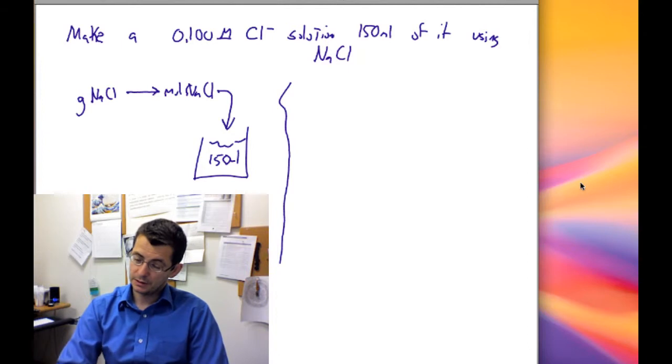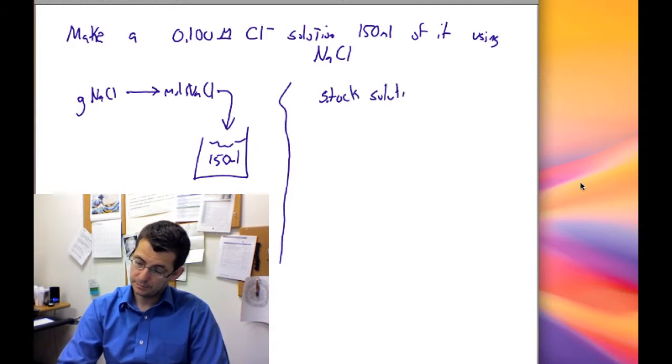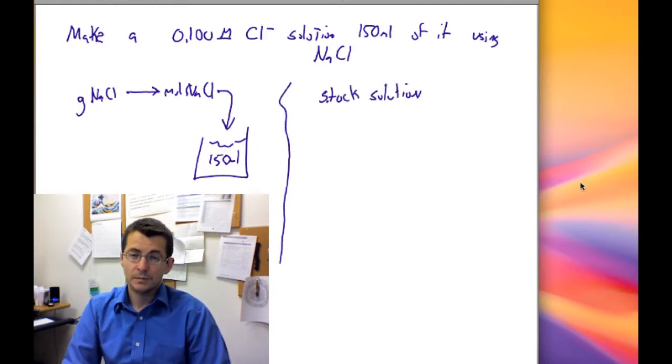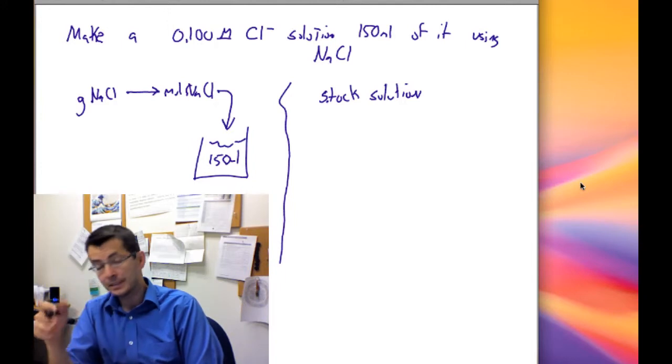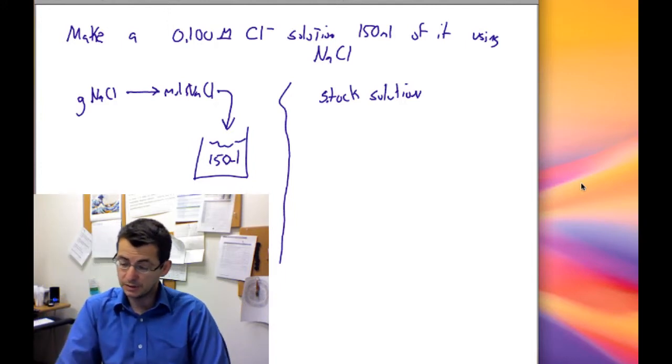The other option is to take a known volume of what we call a stock solution. Typically acids and other reagents that you purchase in bulk that are aqueous come as stock solutions.